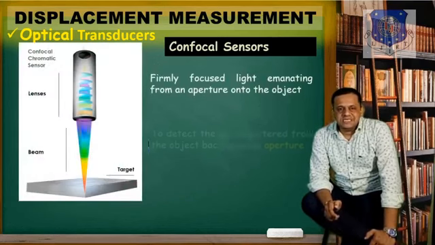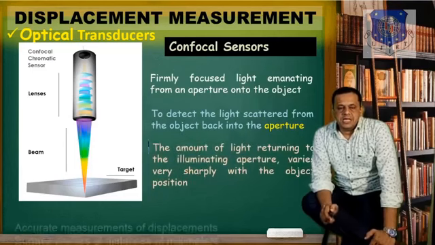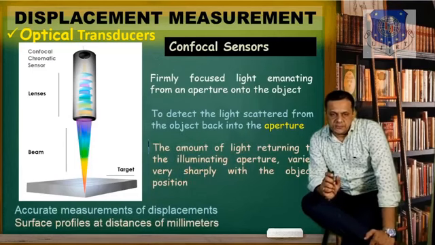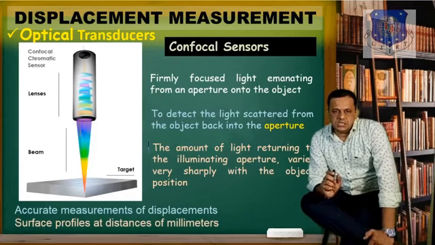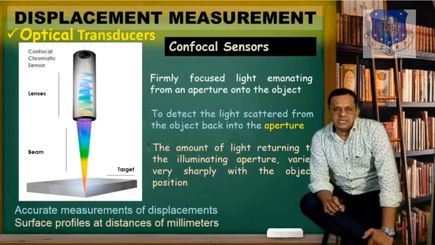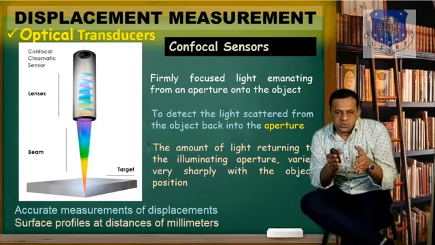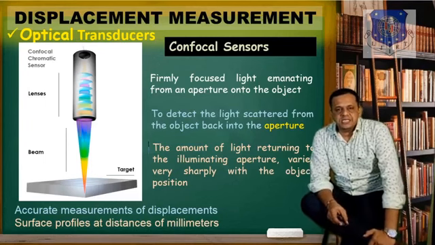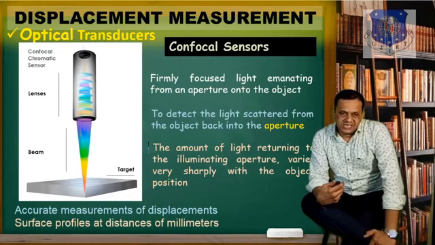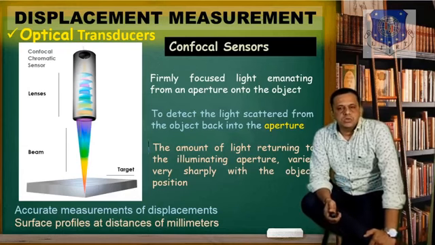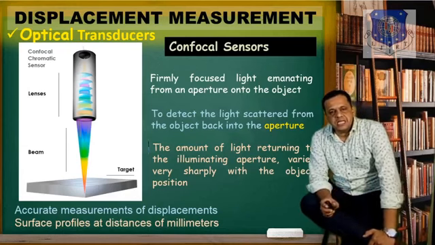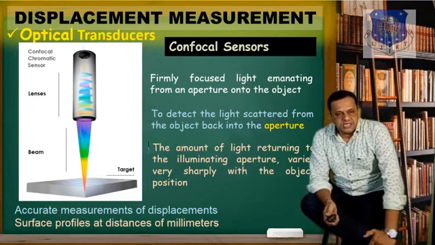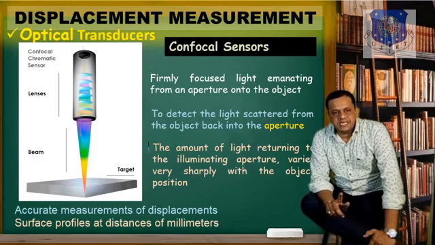The confocal sensor uses focused light, and with the narrow part of the object you can detect the light and the distance. Here, focused light from an aperture is applied onto the object. As you see in the diagram, there are lenses, beam and target.